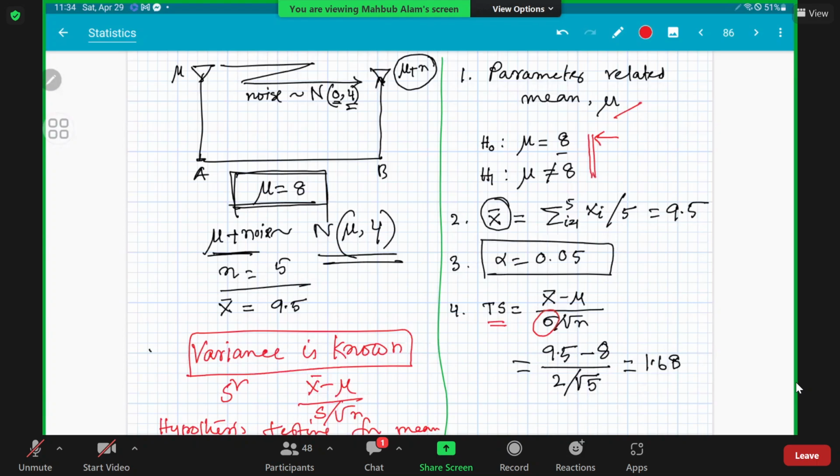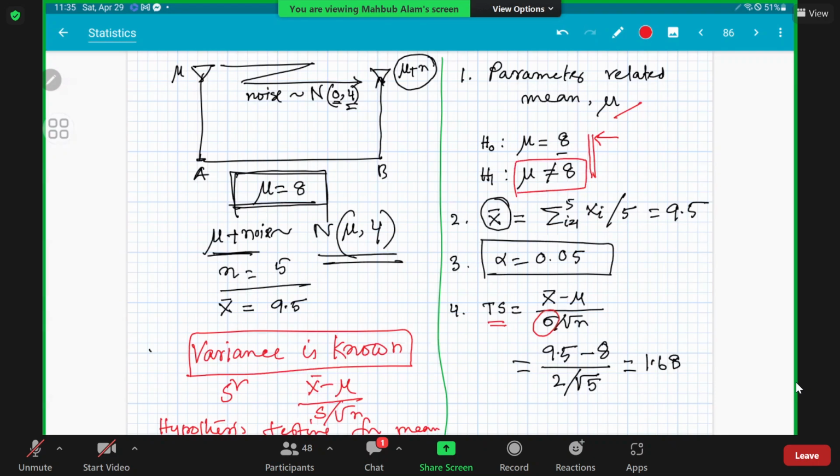Here we want to claim a certain value of the parameter mean: mu is equal to 100, mu is equal to 200, mu is equal to 300. If the null hypothesis is not true, then the value of mu will not be equal to 8; it will be other than 8. In that case, the alternate hypothesis says mu not equal to 8.